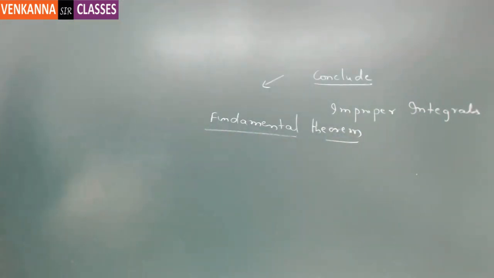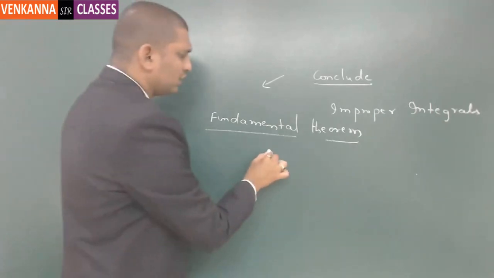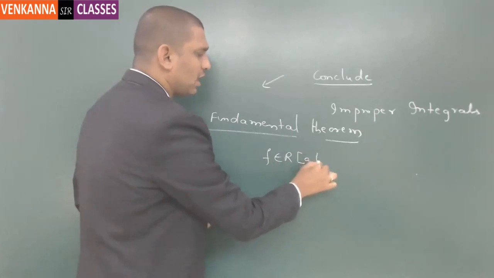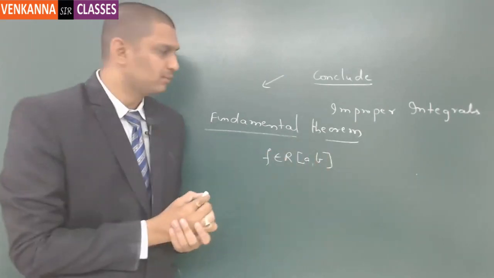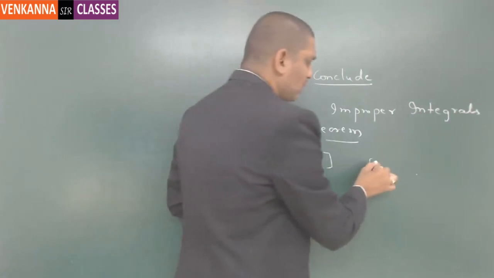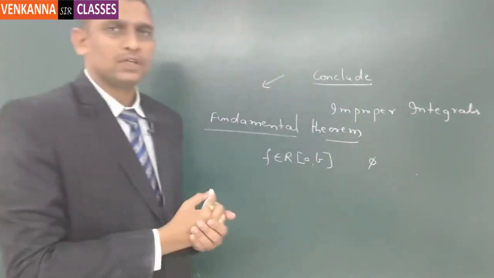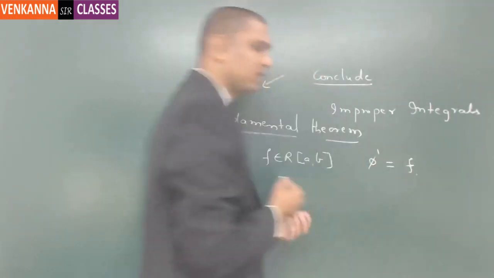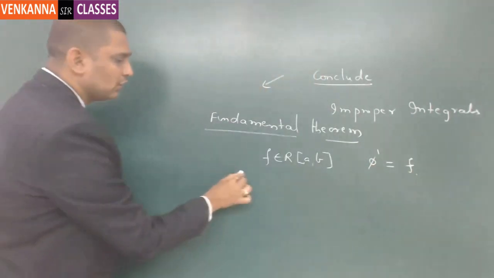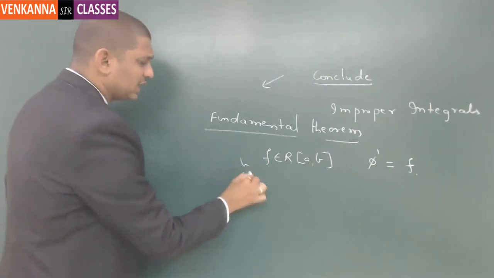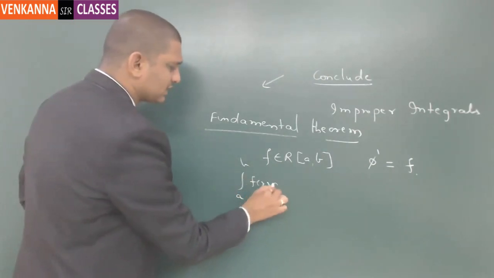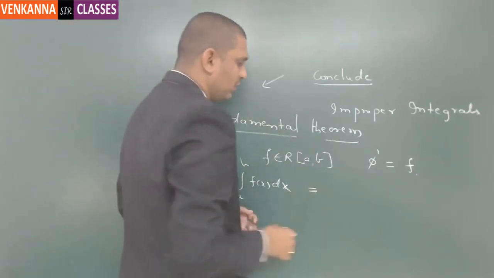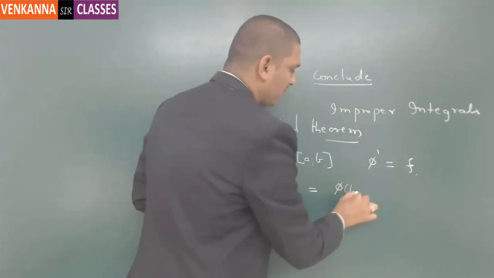It states that whenever you have an integrable function f on closed interval [a, b] and phi is a primitive of f, that is, the derivative of phi gives us f, then if you want to calculate the integral from a to b of f(x) dx, it will be equivalent to phi(b) minus phi(a).